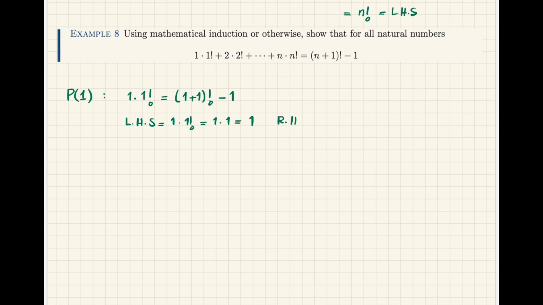The right hand side is 1 plus 1 factorial minus 1. But 1 plus 1 in brackets means 2 factorial minus 1. 2 factorial means 2 times 1, minus 1. Again, this becomes 1. So the left hand side is equal to the right hand side. It means that P of 1 is true.